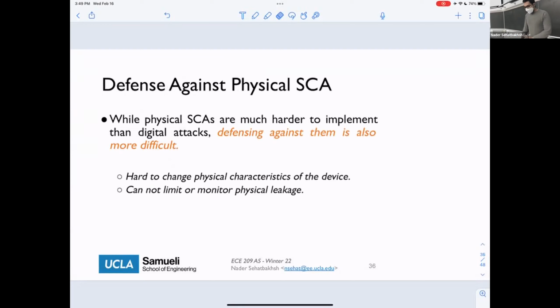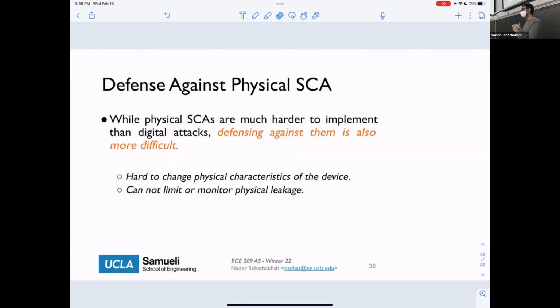So there are lots of defenses. Some of them share the same ideas as for digital attacks. Since we don't have much time, I'm just going to go over them quickly. But keep this in mind: since the physical signals are unintentionally created by the system, it's much harder to defend against them.